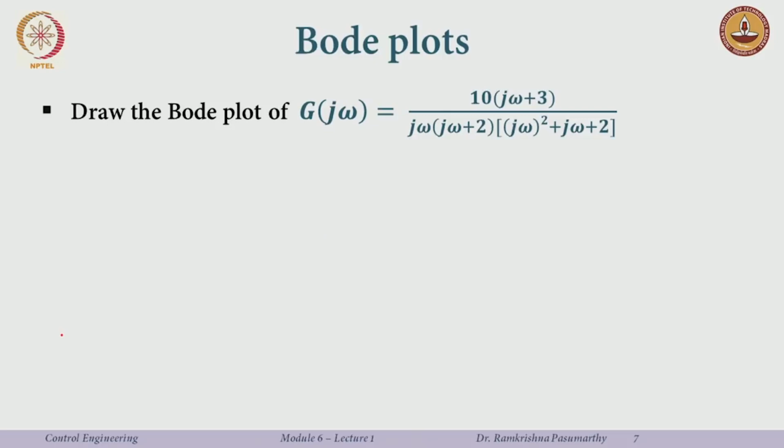Okay, how to plot the Bode diagram. So, first thing is write down this transfer function as a sinusoidal transfer function or in terms of the time constants. So, I just rewrite the final expression.